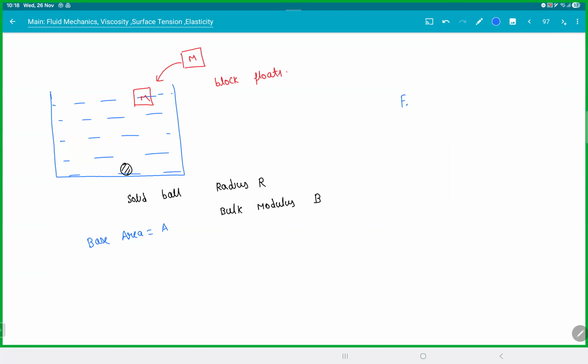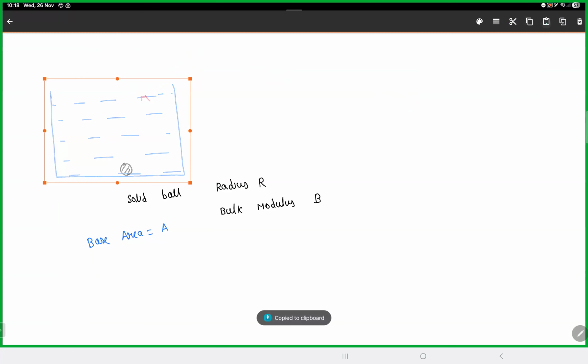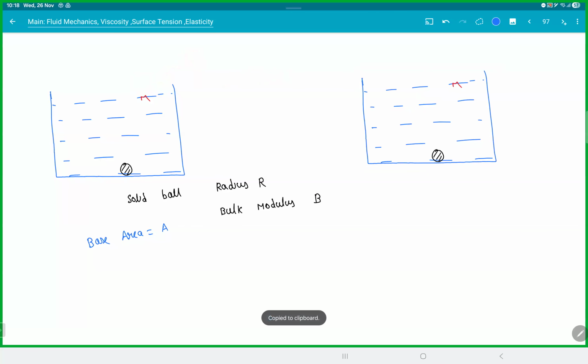Find the change in radius. I'll draw one more picture, wait. If the change in radius delta r is much less than r, find delta r.